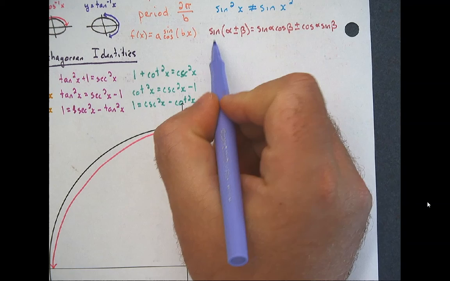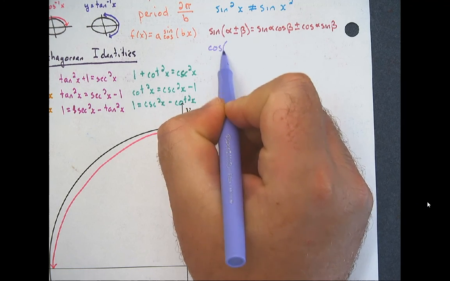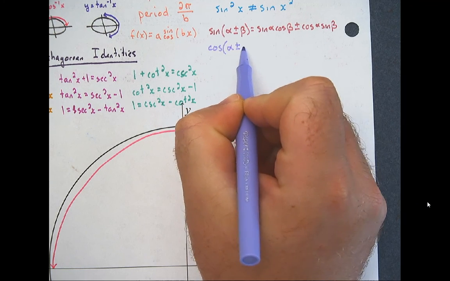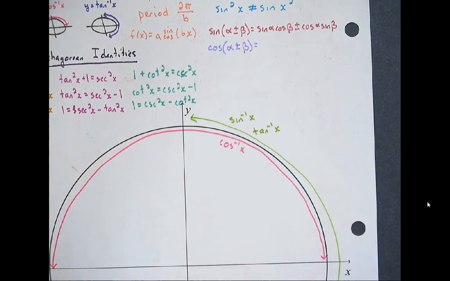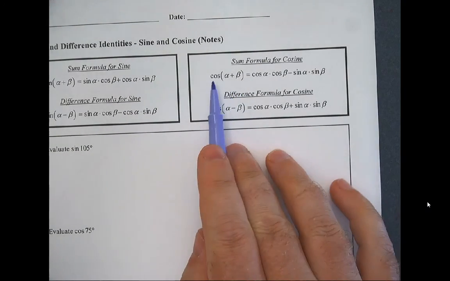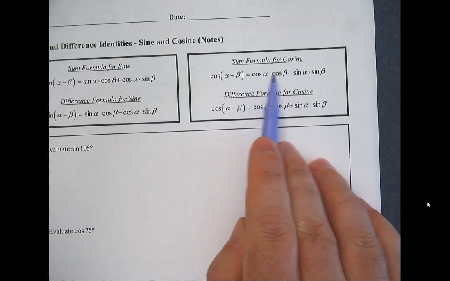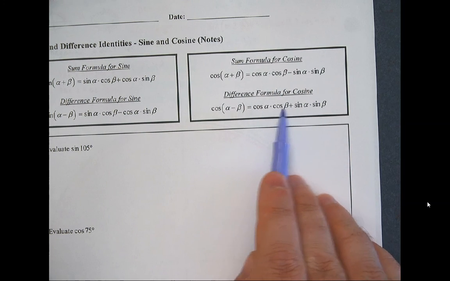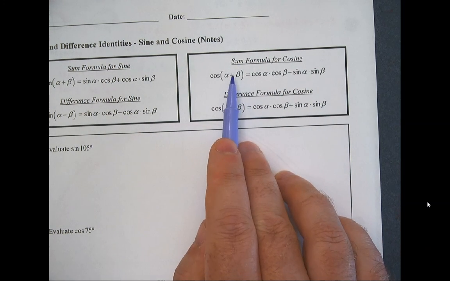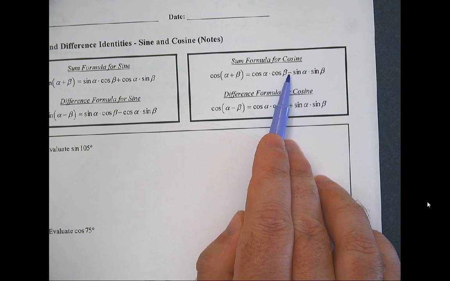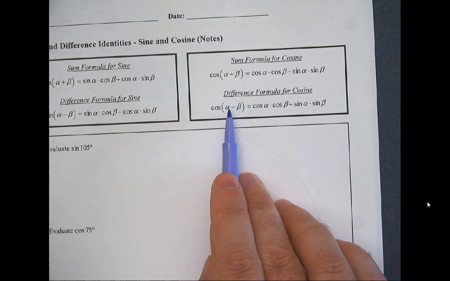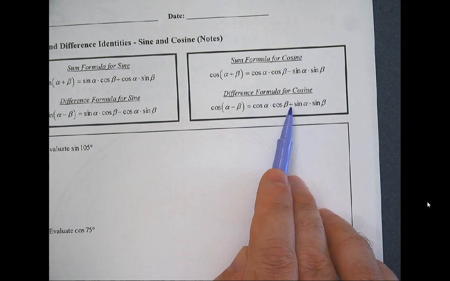And then the other one would be cosine of alpha plus or minus beta equals, and now look at the formula for cosine. For cosine, they both go cosine, cosine, sine, sine. But when you're adding the angles, you're subtracting the sines and cosines. And when you're subtracting the angles, you're adding the sines and cosines.